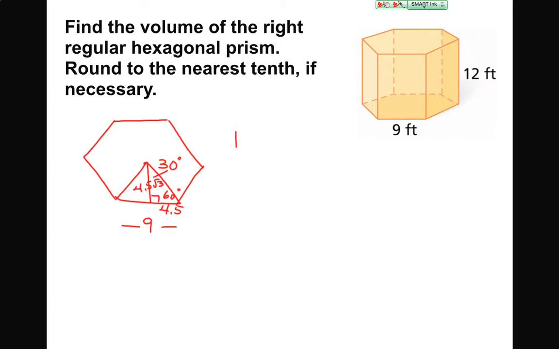So what are we going to need from that? We need the base area. It's a regular hexagon: 1/2 apothem times perimeter. Apothem I found in square root form, 4.5 times the square root of 3. The perimeter would be 9 times 6, so 54.